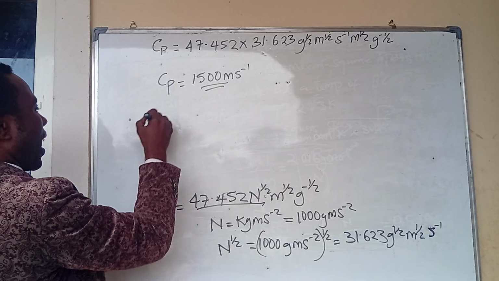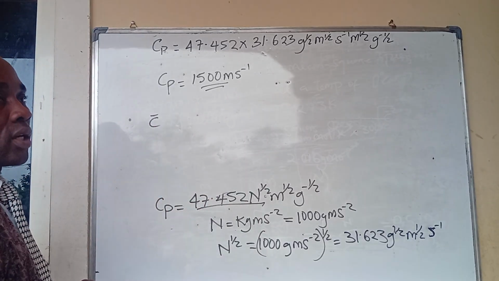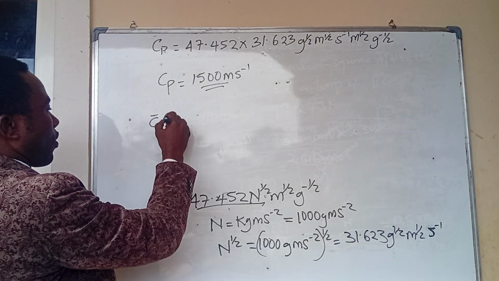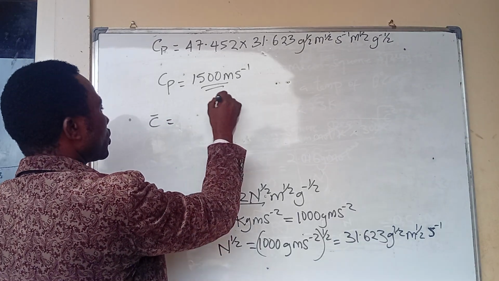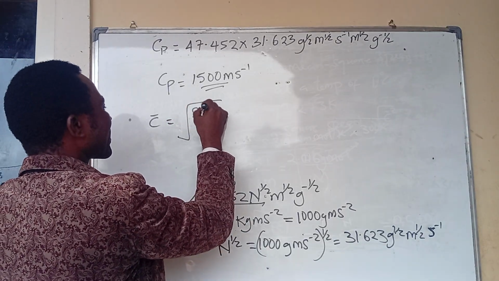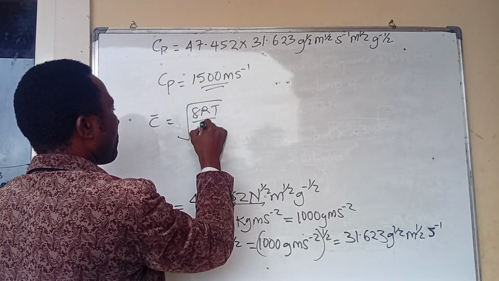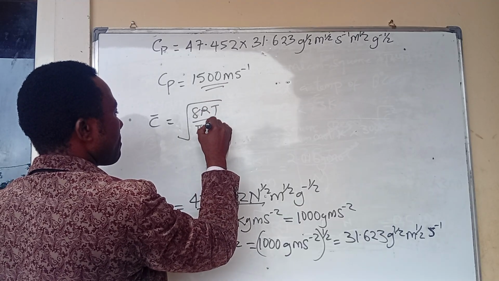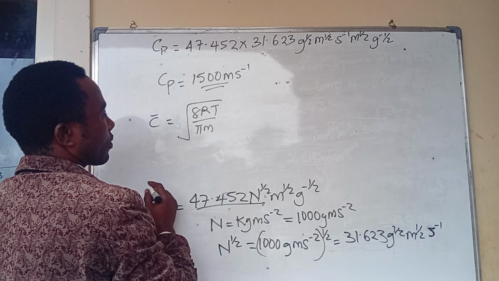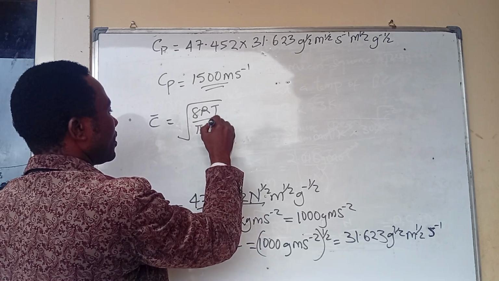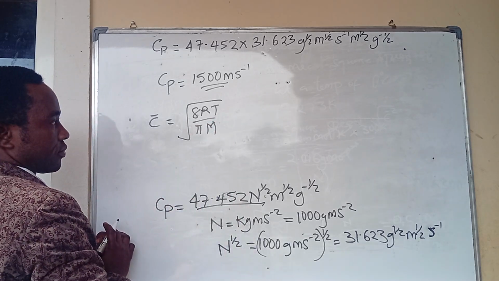Then our C bar, the arithmetic mean speed, by formula, is equals to square root of 8RT divided by pi M, that is the molar mass.